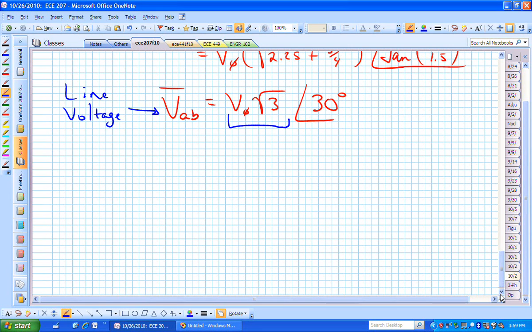Now that we have that knowledge, let's go ahead and connect that source to a set of loads.